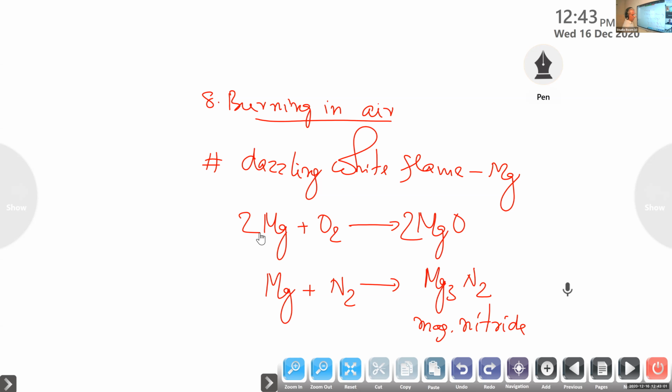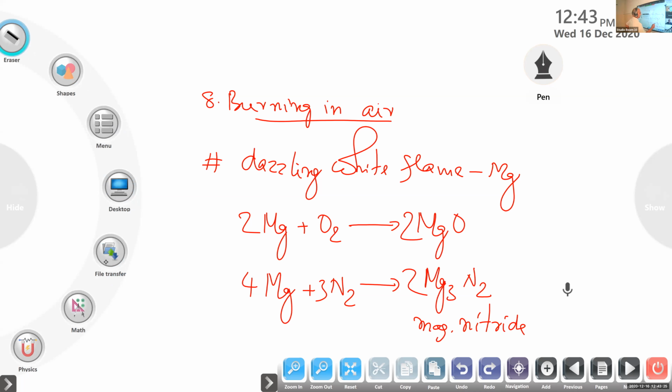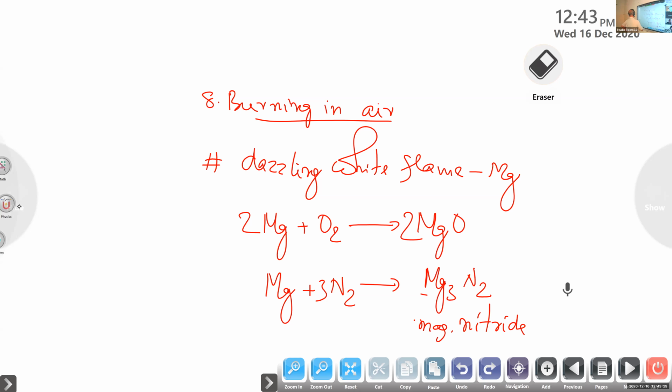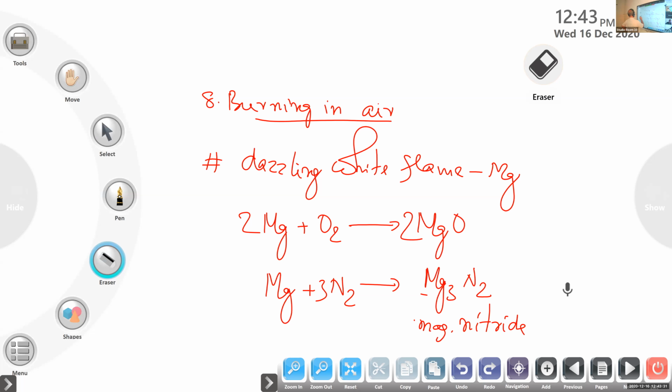To balance the other reaction, you can try with magnesium or nitrogen, by the hit and trial method. Let us try to balance it.